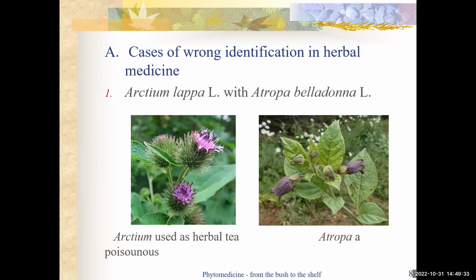There's a plant there, Arctium lappa, which is used as a herbal tea, but it has sometimes been wrongly collected. If somebody goes to the bush to collect, sometimes they get the wrong plant, and the one that sometimes they get is Atropa belladonna. Now, if you remember anything of your chemistry, you'll know that Atropa belladonna is a poisonous plant, and sometimes it's used medicinally.